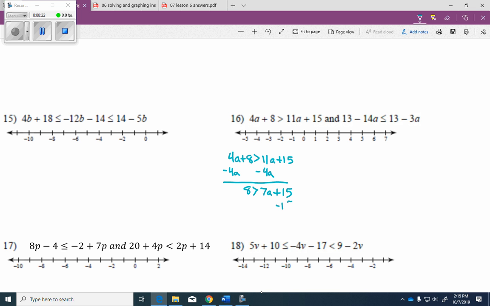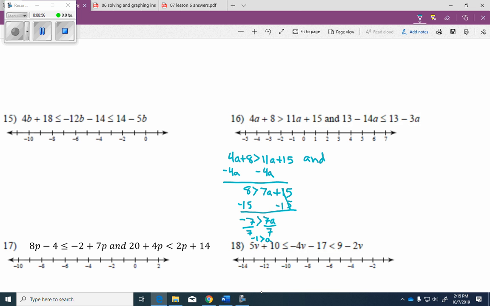And subtract 15. My 7s and symbols are getting mixed up. And then divide both sides by 7. This is negative 1. Negative 1 is greater than a.